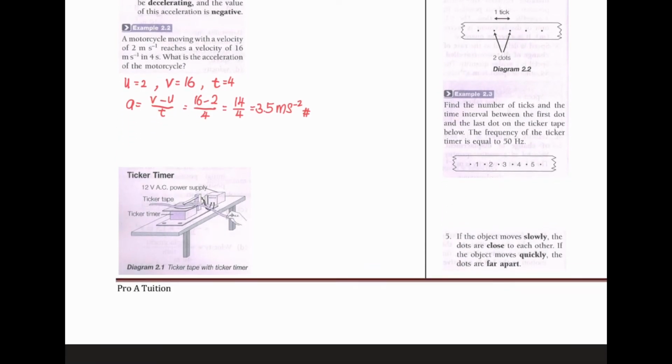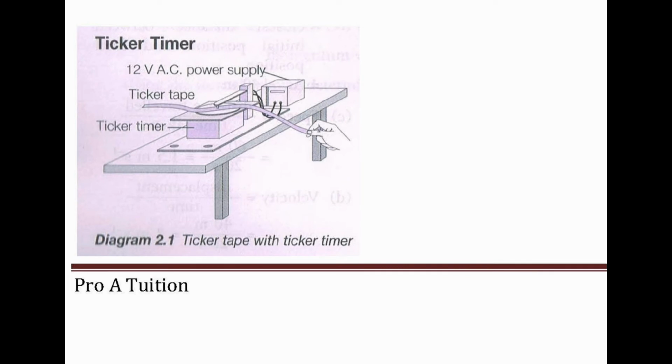We have ticker timer now. A ticker timer is an instrument to study the motion of an object. You can see I zoom in a bit. You can see a ticker tape, and this is the ticker timer, which connects to a power supply.